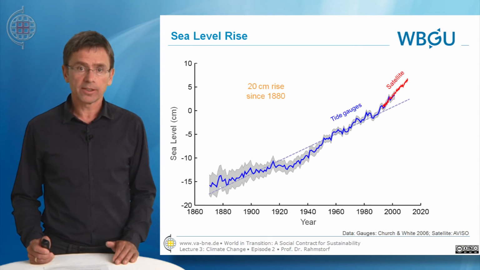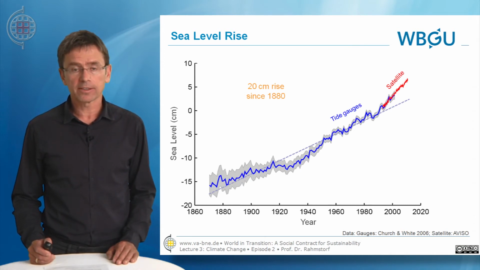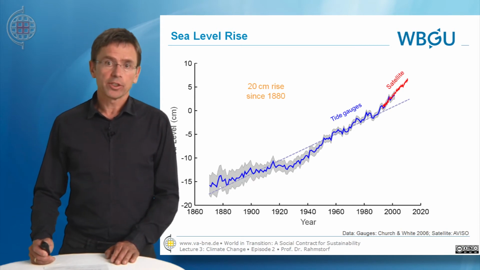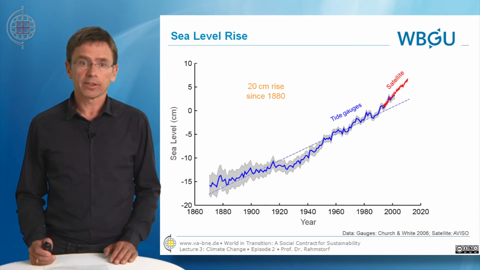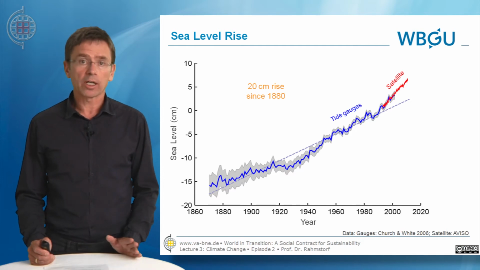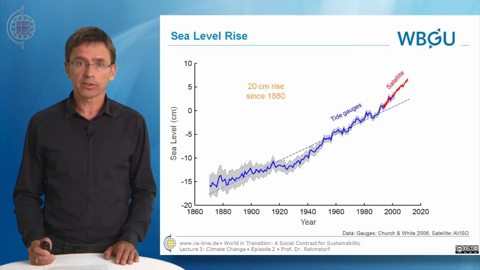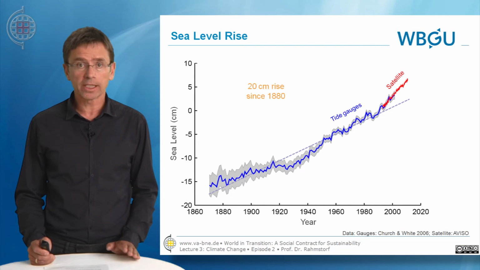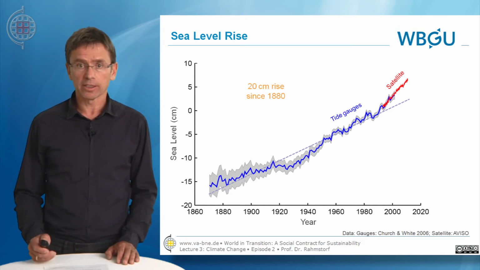Now you can see that these measurements show that sea level since the late 19th century has risen by 20 centimeters. And you can also see already in this diagram that this rise has been accelerating. The rate of rise in the beginning of the 20th century was around about 1 millimeter per year, whereas towards the end, in the last 20, 30 years, it has been about 3 millimeters per year.